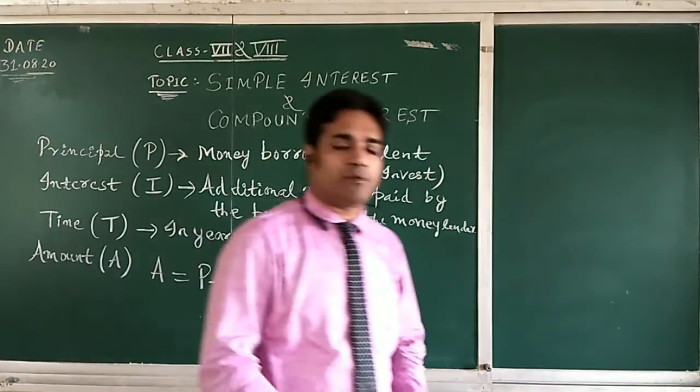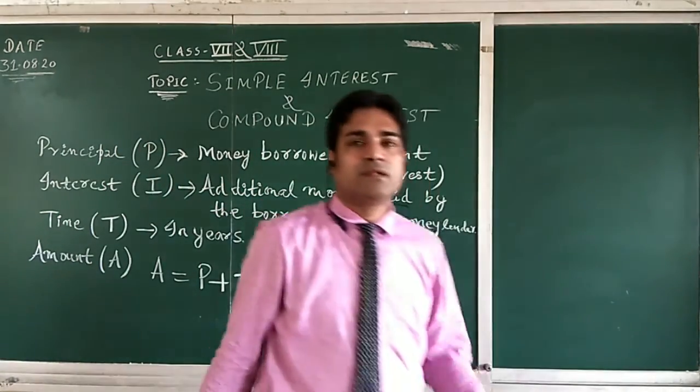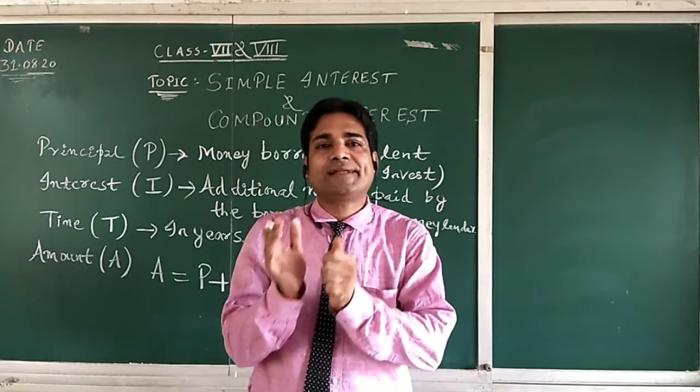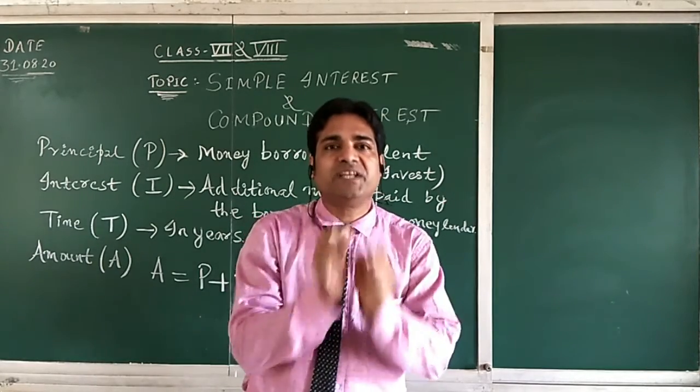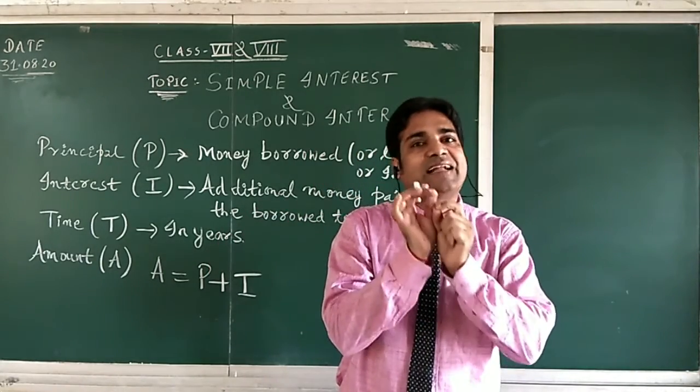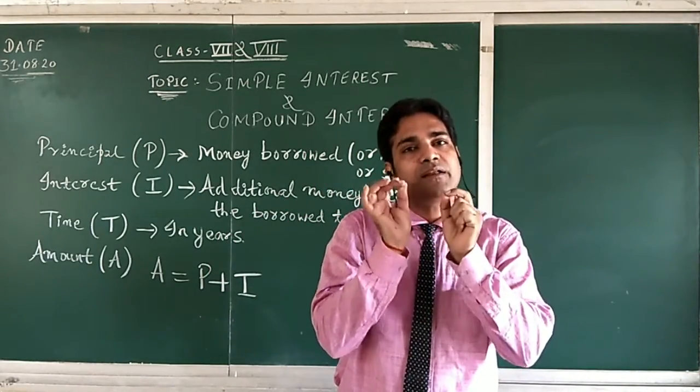Now coming to our topic, simple interest. Simple interest is interest calculated on the original money. When the interest is calculated on the original money, that is known as simple interest.